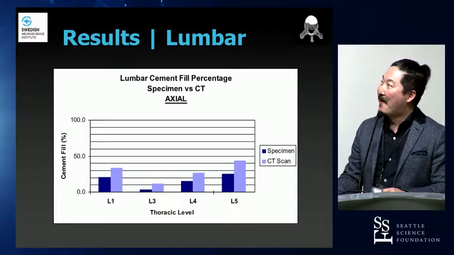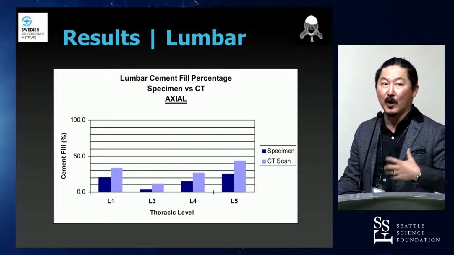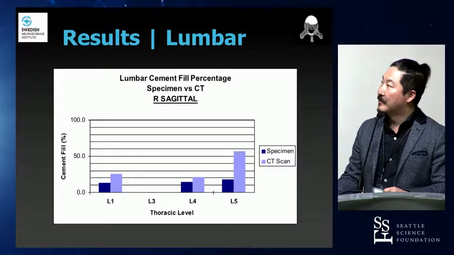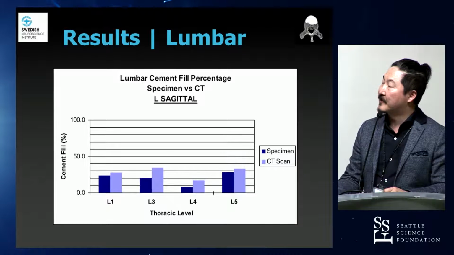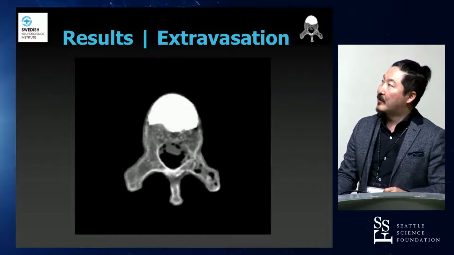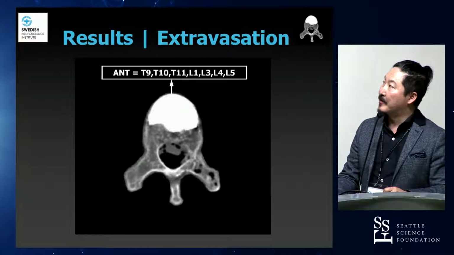This is the lumbar specimens, axial, again noting that the CT scan overestimates the volume of cement. This is right sagittal and then left sagittal. So with respect to the extravasation, this is essentially what we saw.